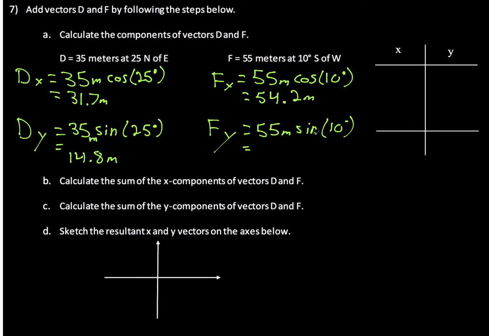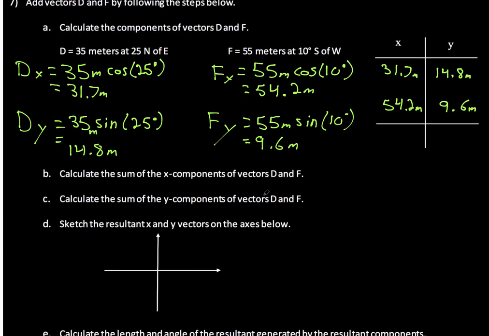And 55 times the sine of 10 degrees, I get 9.6 meters rounding. So we've got a nice little table to list our x and y components. My x components are 31.7 meters and 54.2 meters. My y components are 14.8 meters and 9.6 meters.